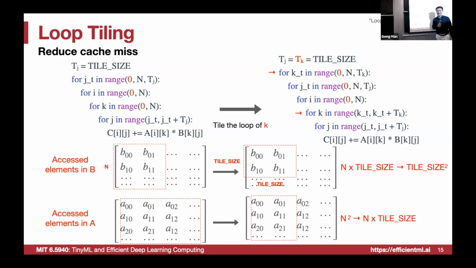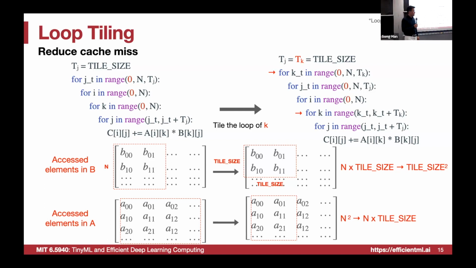So effectively, we tiled the B matrix from n times the tile size to tile size times the tile size. Finally, we can make it even smaller, from n times tile size to tile size squared. Similarly, the number of elements in A is reduced from n squared to n times the tile size.